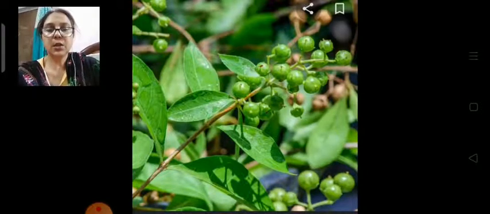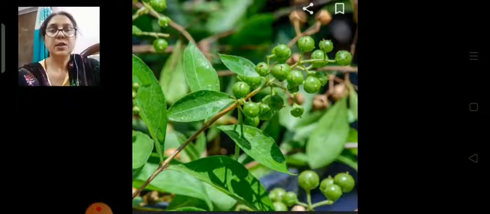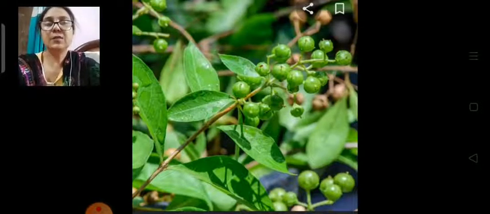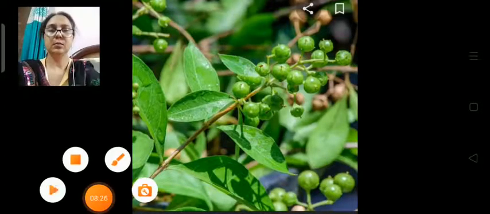Chances are good that it hails from North Africa, and it has spread throughout the world, where various varieties are grown to produce different shades of dye. So children, these plant leaves are used for dye.